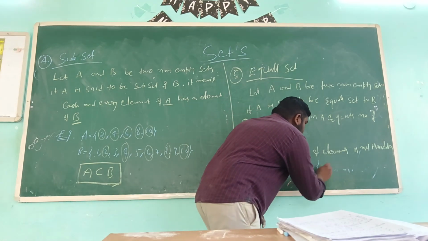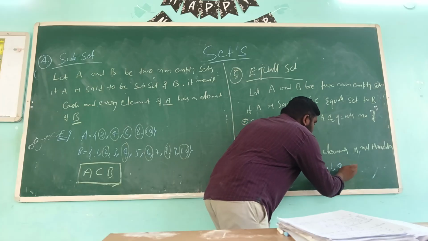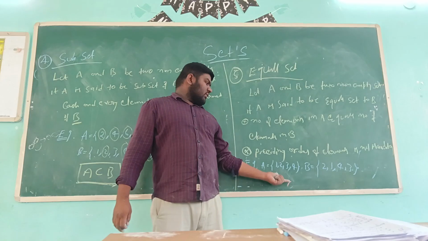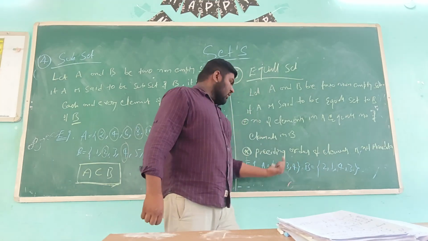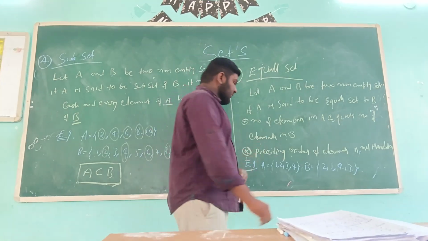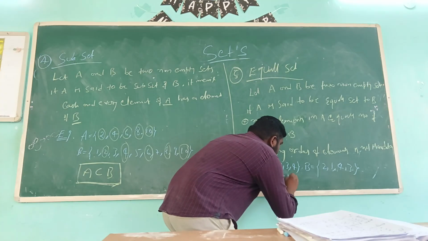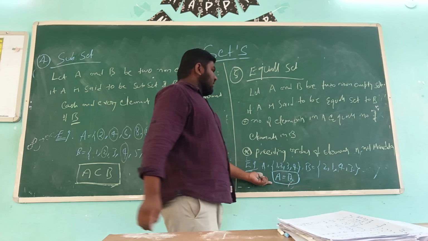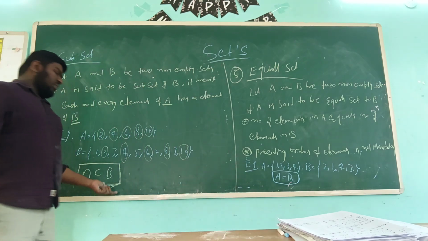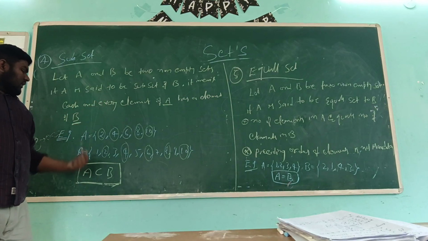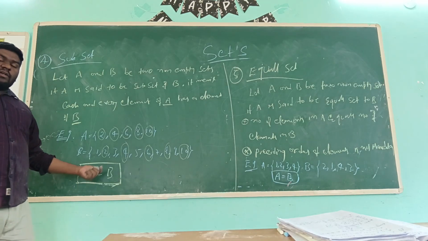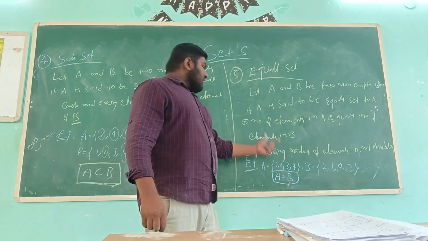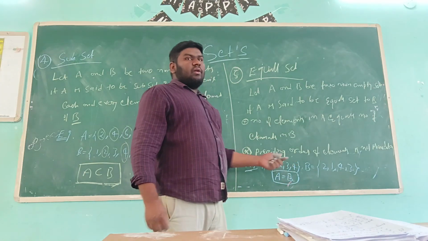Preceding order is not mandatory. Here the number of elements is 4. That's why A equals B. This is the equal set. Subset means each and every element of A is an element of B, and here the number of elements is equal.